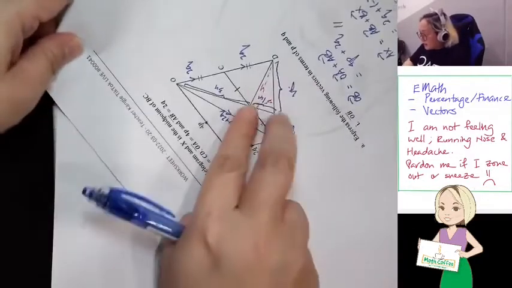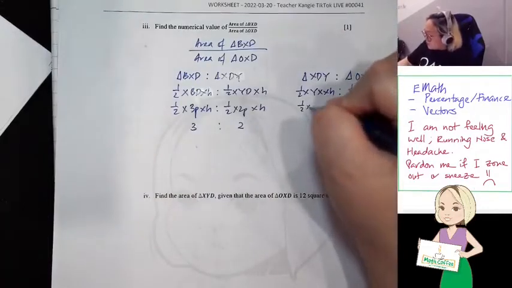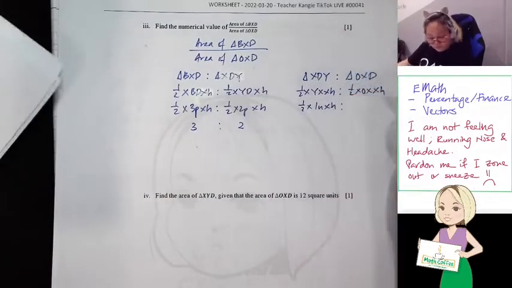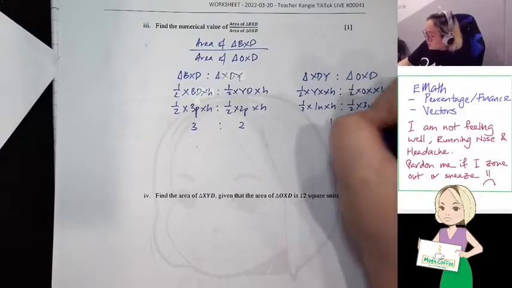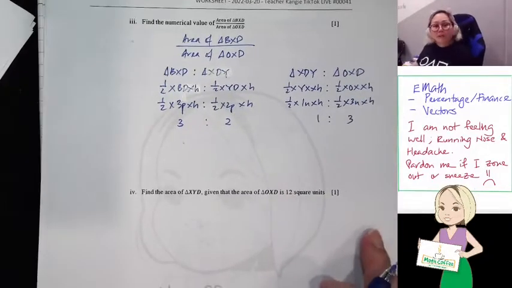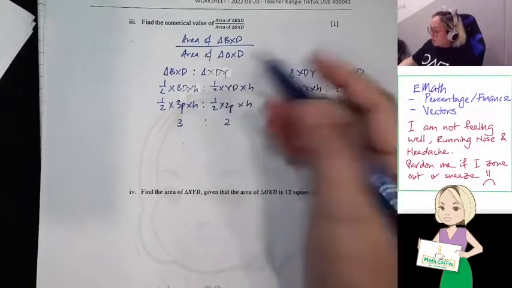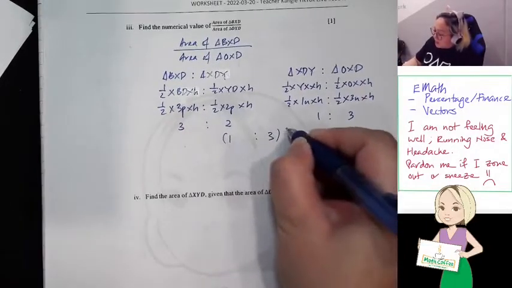And we know that this is 1:3. So this is half times 1 unit times height. This is half times 3 unit times height, which we know is 1:3. And do you see that this is common? So if I put 1:3, I'm going to times 2.